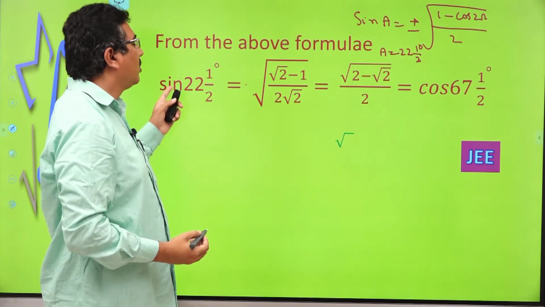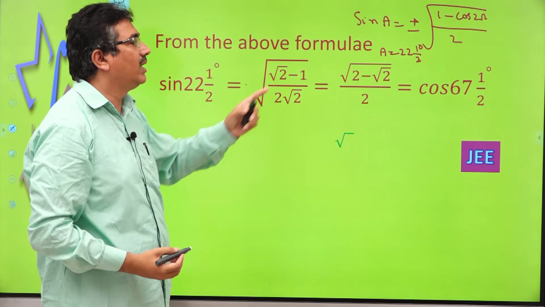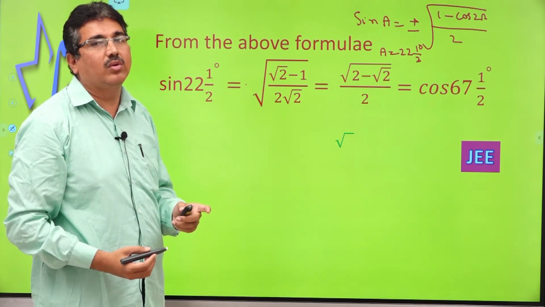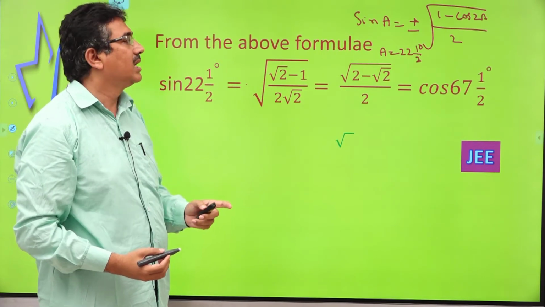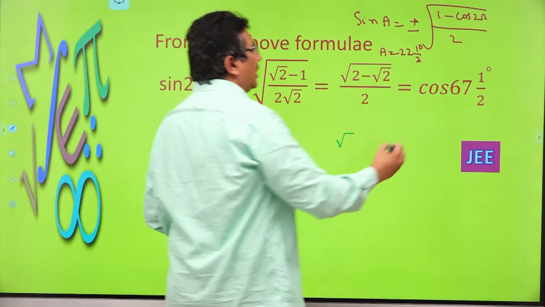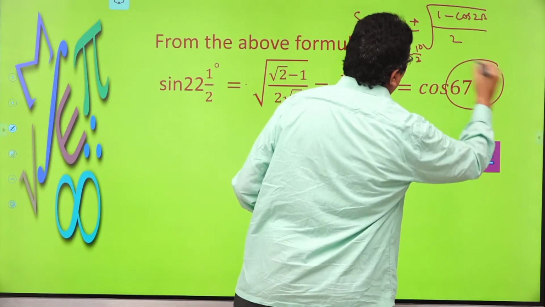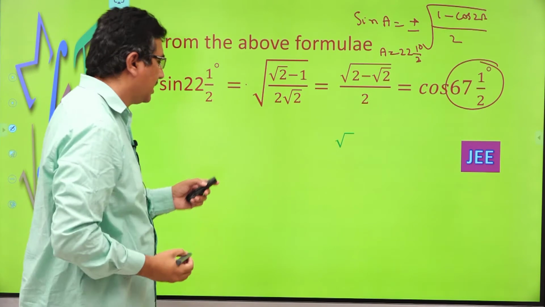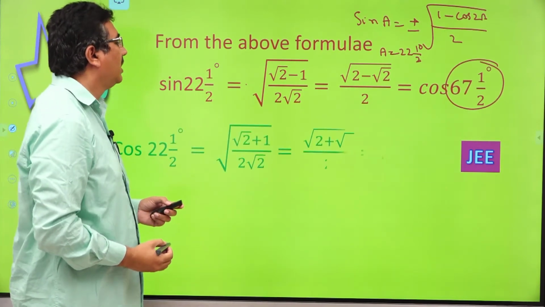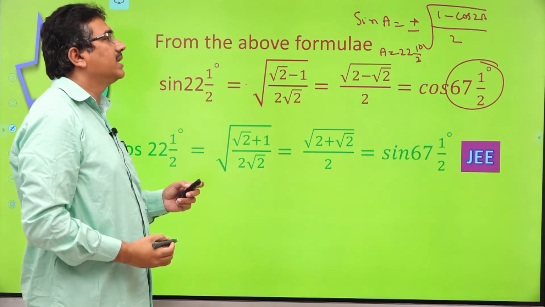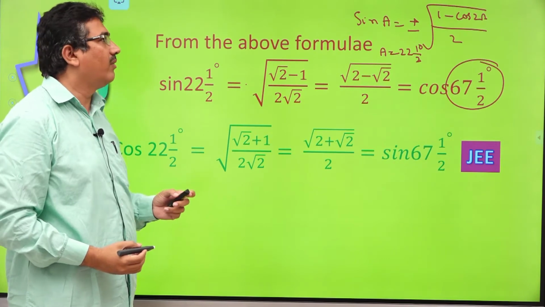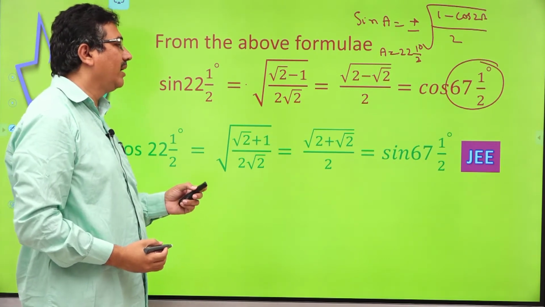Okay, sin 22 and half is equal to cos of what angle? Sin 22 and half is equal to cos of its complementary angle, that is equal to 67 and half degrees. Right. Similarly, cos 22 and half degrees value derived from cos A is equal to plus or minus square root of (1 plus cos 2a) by 2.